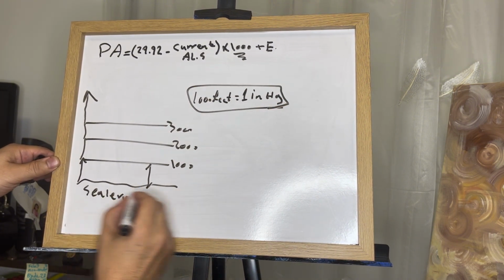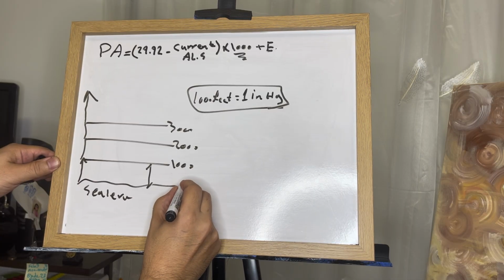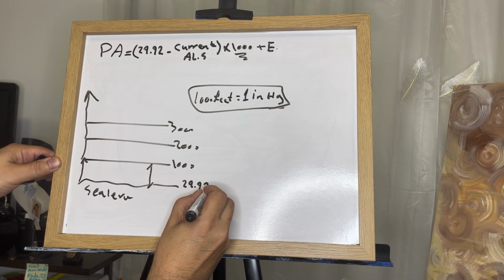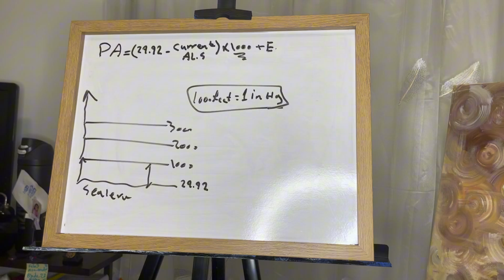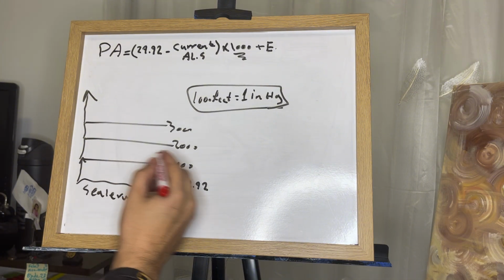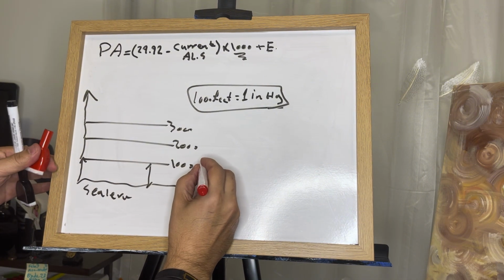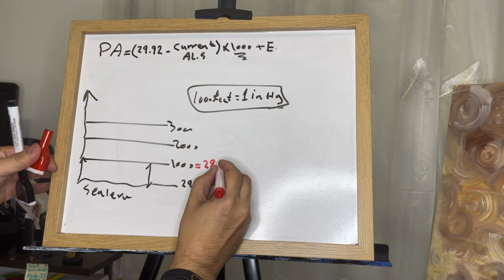For example, at sea level the local pressure equals 29.92. At 1000 feet, the pressure equals 28.92.